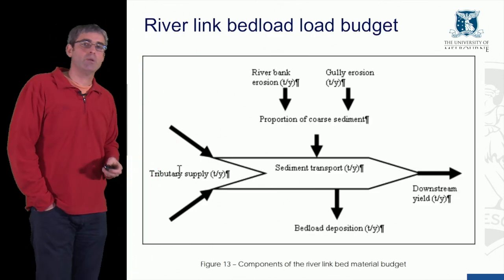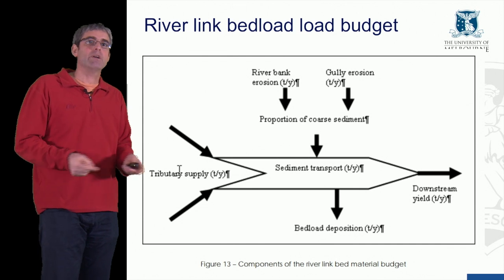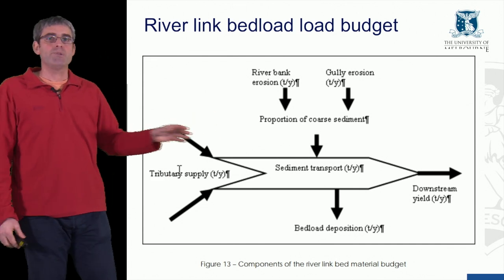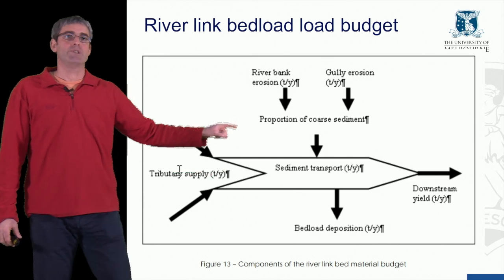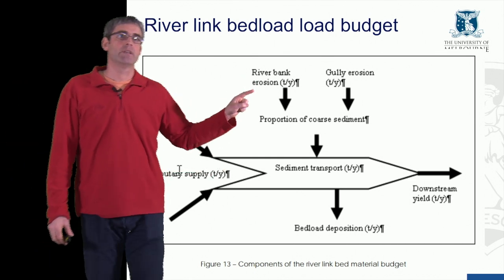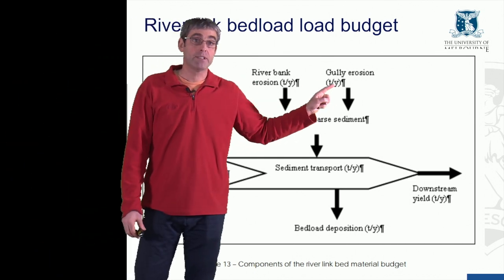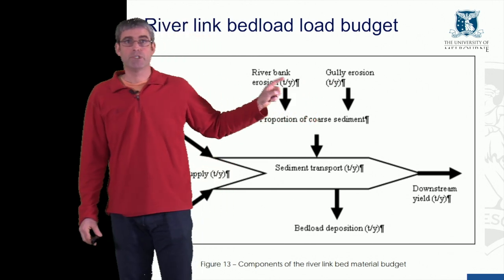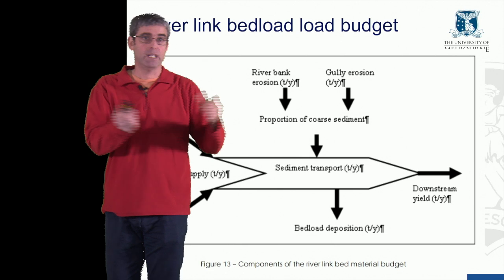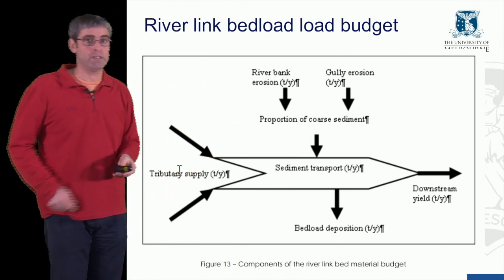Conceptually, how the model works in each link within the network is it models the main sources of supply of sediment to that link, which is the riverbank erosion and gullies within the catchment. So gullies are quite a common feature in Australian rivers, which are large sources of sediment, or have been historically at least.